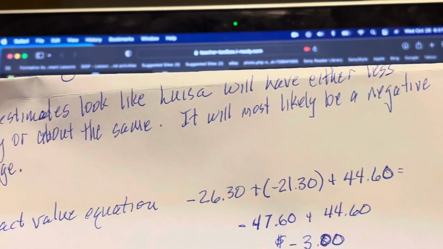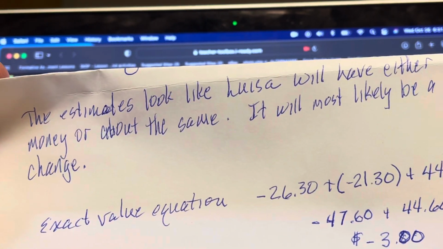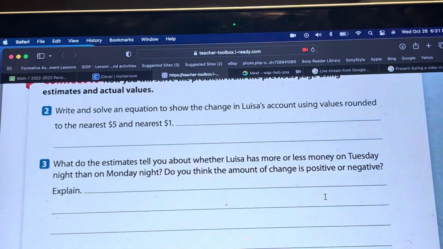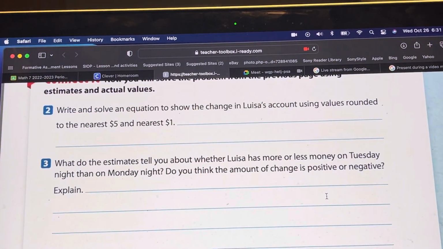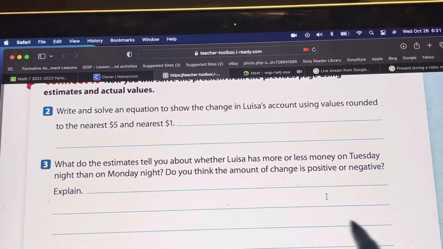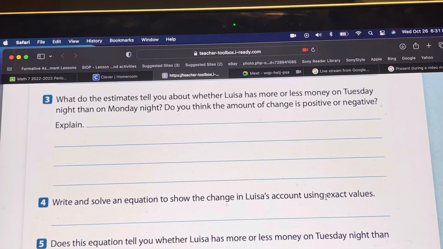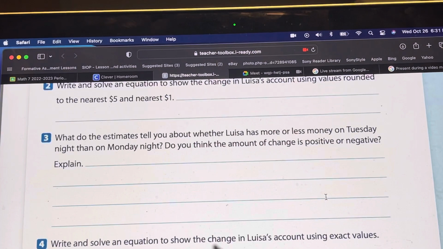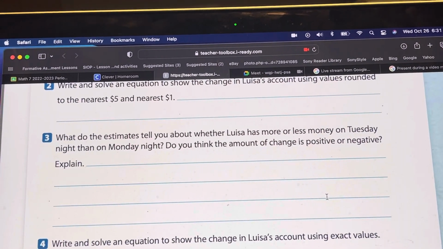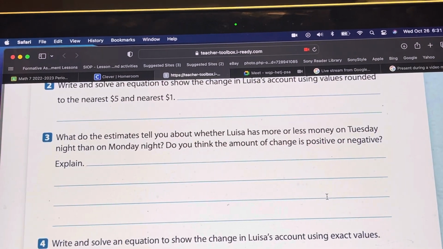And it's most likely going to be a negative number, so most likely a negative change. That's the explanation. Because of the rounding, it looks like we're going to be slightly negative, because when we use the approximation that was a smaller error, we got a negative answer.